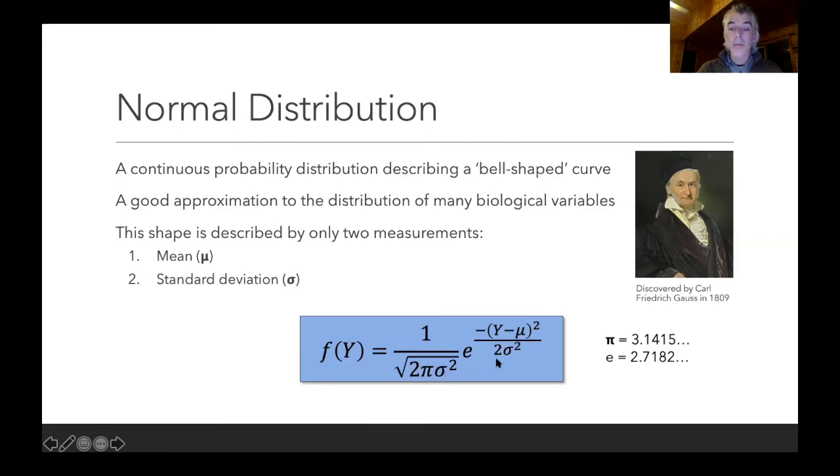There are other terms in here, like the base of the natural logarithm e and the value pi, but these are constants. And so the only thing that defines what our particular normal distribution is going to look like are these two measures, the population mean and the standard deviation.